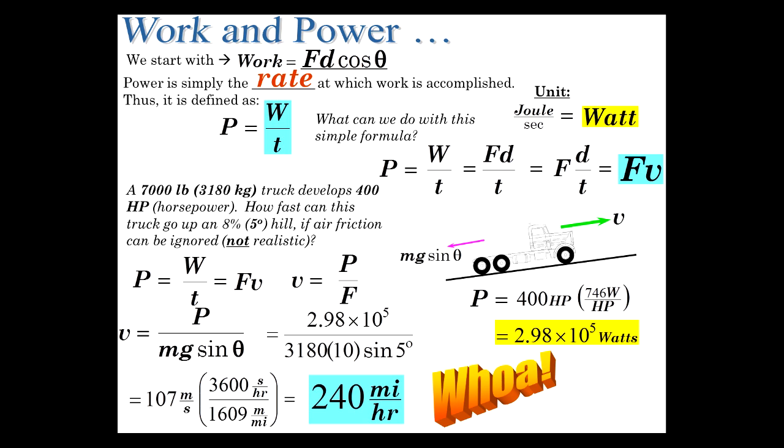Now, that is unrealistic. This 8% grade doesn't sound like much, but it's actually a fairly steep hill for standard automobiles and standard vehicles on the road. It's a lot steeper than you might think it is. It happens to be the hill that exists where I grew up in Alaska. There's a 1 mile, 8% grade hill. And back in the 70s, we used to race our vehicles up the hill, see how fast we could go over the top.